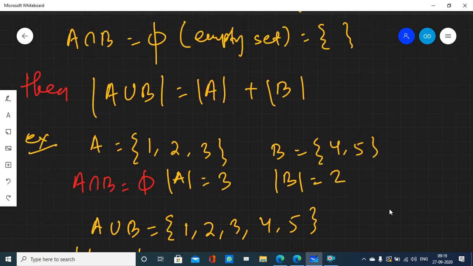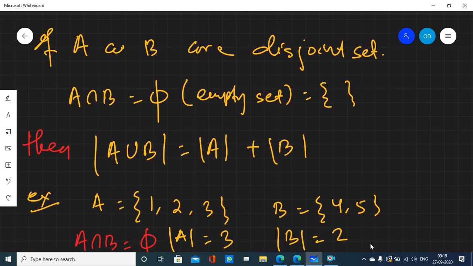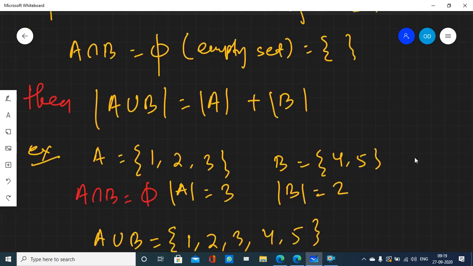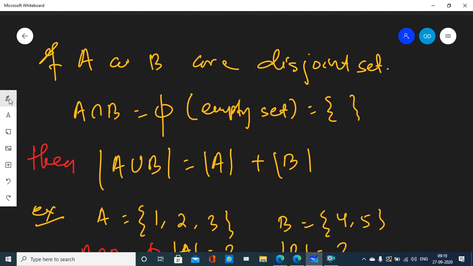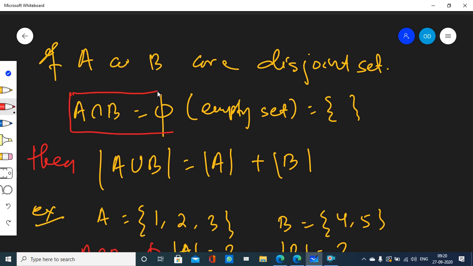So this is a specific case, a particular case. Do not think that the formula for cardinality of A union B is cardinality of A plus cardinality of B. No, no, no. This is not the formula for cardinality of A union B. It is only in a specific case: if A intersection B is equal to phi, only then cardinality of A union B is equal to cardinality of A plus cardinality of B. Otherwise there is a general formula.